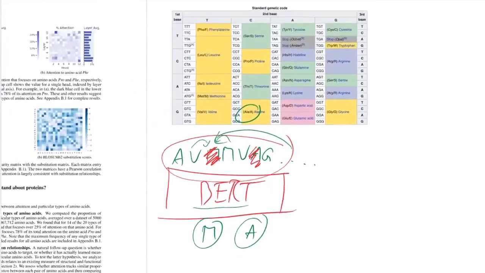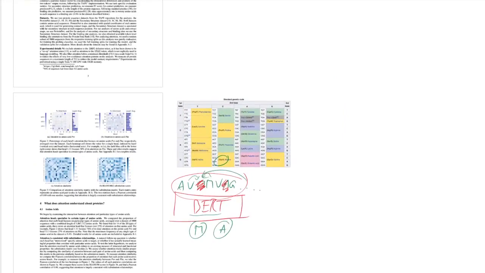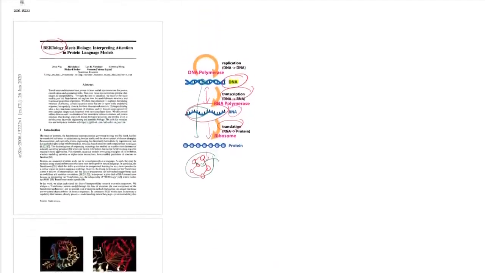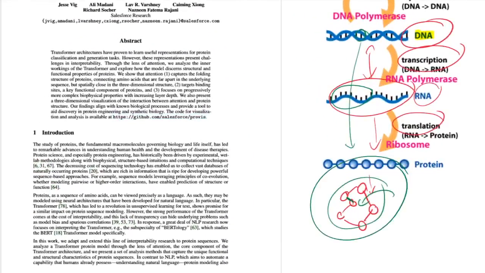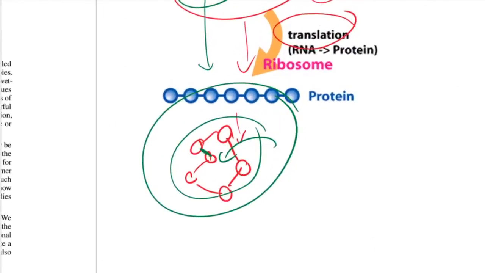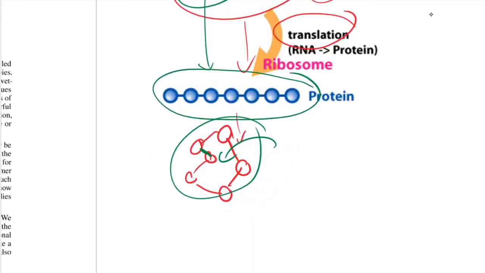And our goal here is to ask, can we somehow infer the 3D shape of a protein, which is the important part, from its sequence right here? So given its sequence, can we infer the 3D shape? Now, as I understand it, usually this has to be done in a simulation. So you would build this in a simulator, and then you do some sort of a molecule simulation to see how this ends up in a 3D shape.